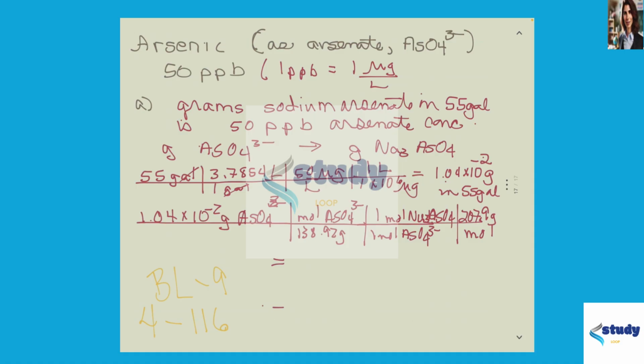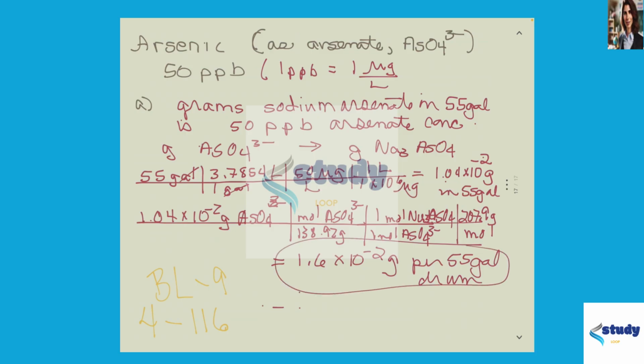That will equal 1.6 times 10 to the minus 2 grams, to 2 sig figs, per 55-gallon drum. That's part A.